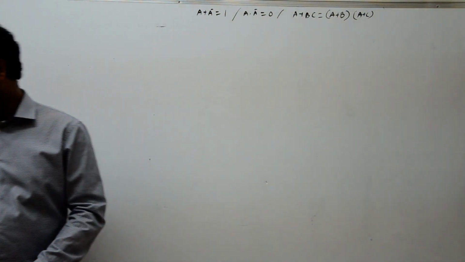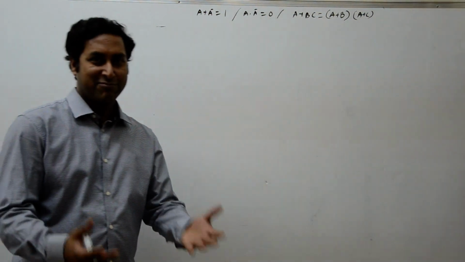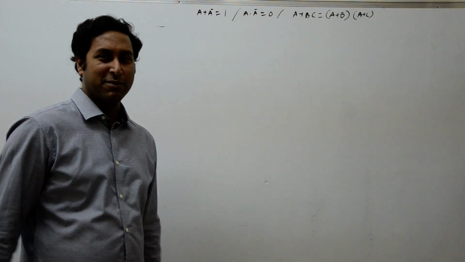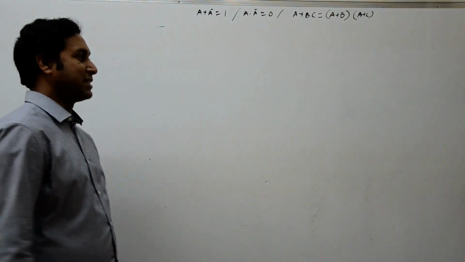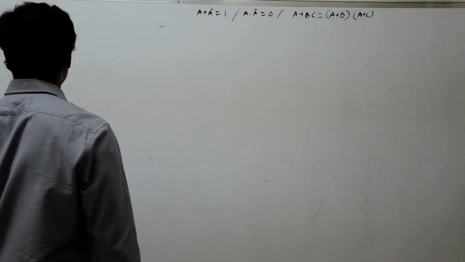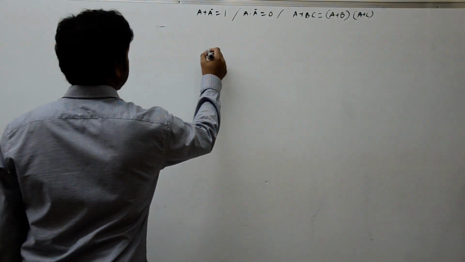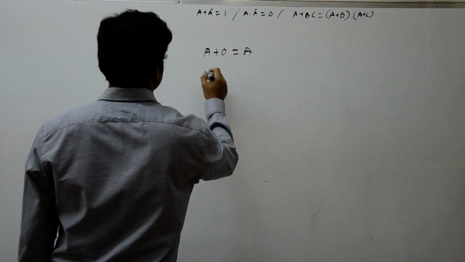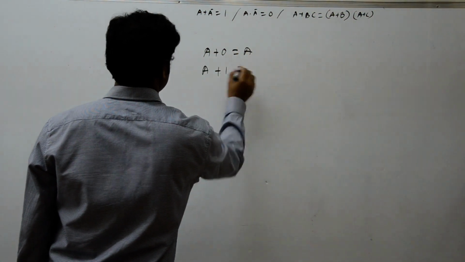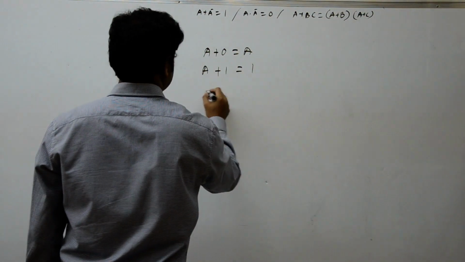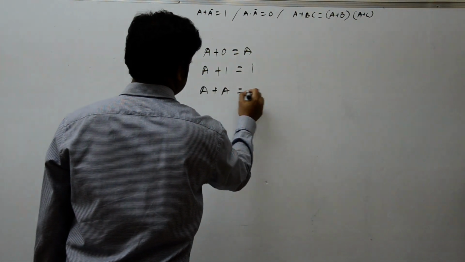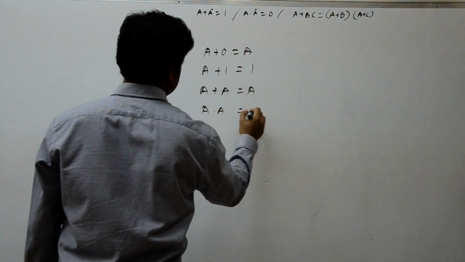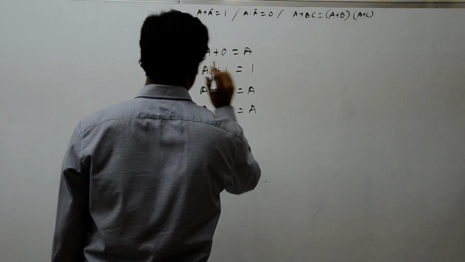In Boolean algebra, again, I'm not making it very long. Simple things I'll tell you today about Boolean algebra. There are some formulas in Boolean algebra, like a plus 0 is equal to a, a plus 1 is equal to 1, a plus a is equal to a, and a dot a is equal to, this is also a.